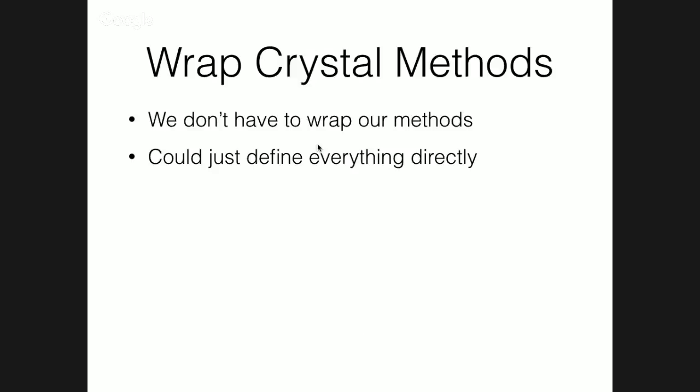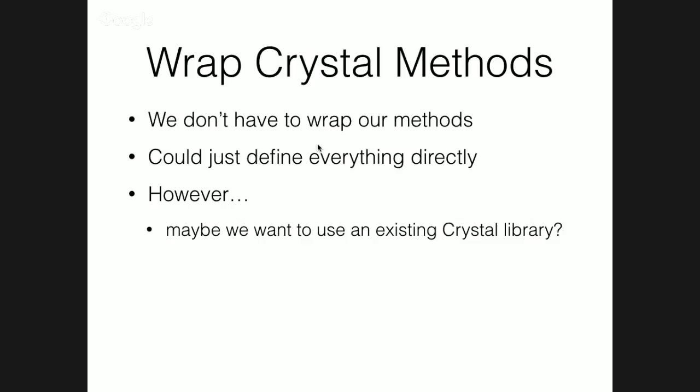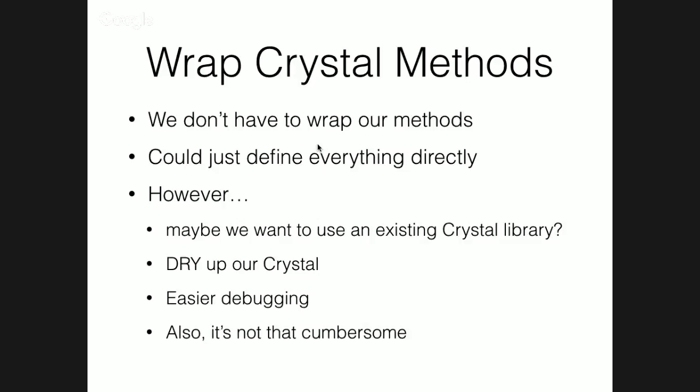It's just a cleaner way of doing it. Again, if we want to use an existing library, it also allows for a little bit less code on the Crystal side. We're not repeating code as much, and it enables a little bit easier debugging. And it's really not too bad either.